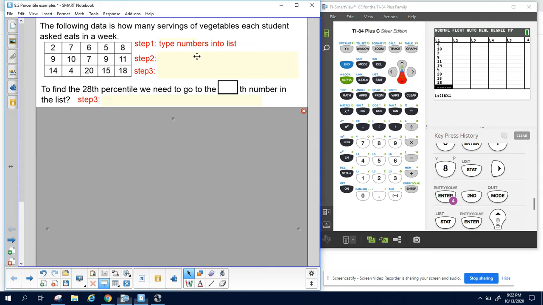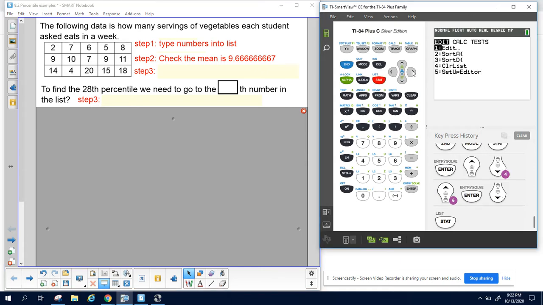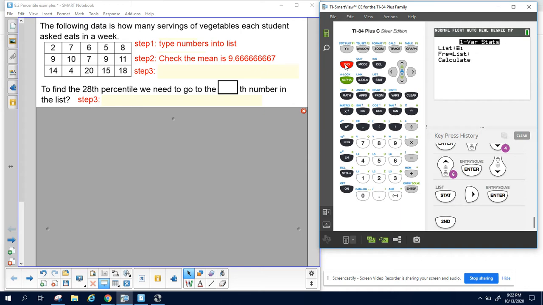The next thing I want you to check for is that on our quizzes and tests, we are going to have you run the numbers and check that you match the mean with us before proceeding through all the rest of the steps. So to run the numbers, you push the stat button. Move one to the right for calculating one variable stats. Push enter. Make sure to tell the calculator that they're in list one, and if you've forgotten, you push the second button and then the list that you have typed them in.